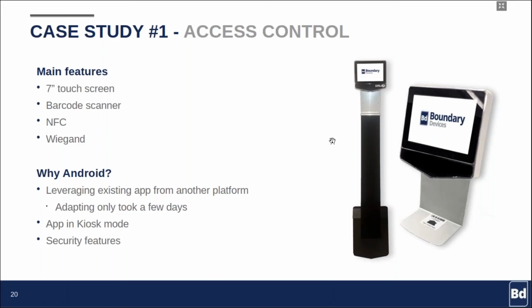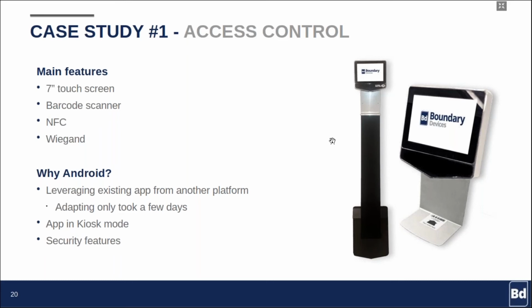So to understand the pros and cons, we decided to do some case studies to show when we used Android and why, to fully understand it. The first one is the access control that we use in stadiums here. You can see on the right what the device looks like.